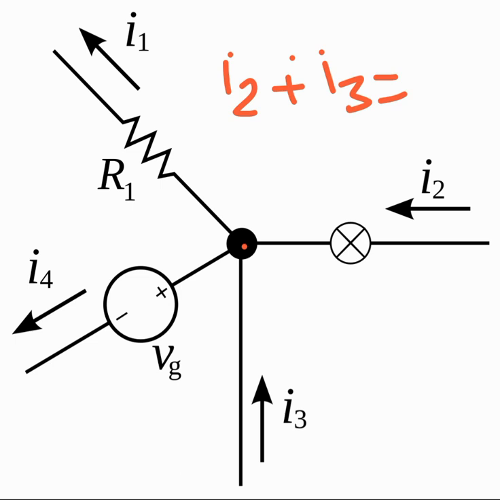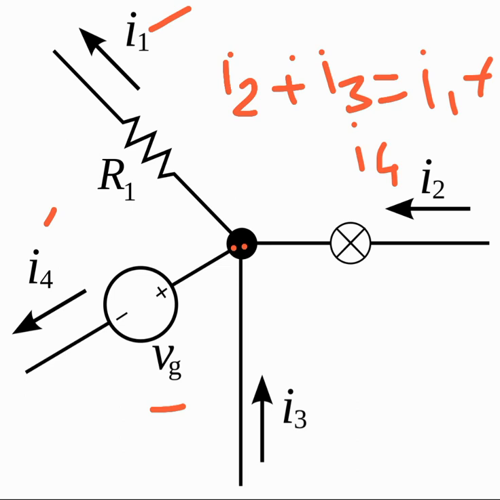What currents are leaving this node? Through this resistor the current I1 is flowing, and through this voltage source the current I4 is flowing, and the direction of I1 and I4 is shown away from this junction. So it is equal to I1 plus I4. That's your first law, that is KCL.